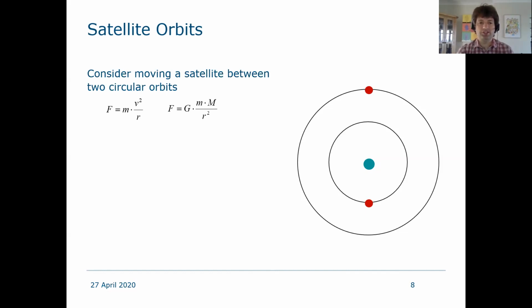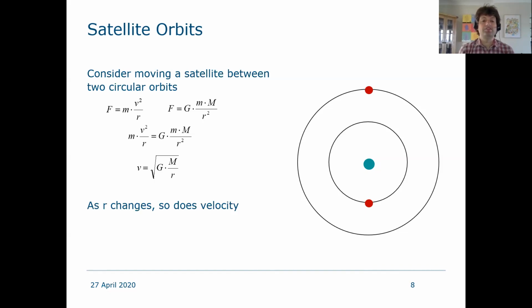Newton's law of gravitation says the force is equal to Newton's constant of gravitation multiplied by the mass of the satellite multiplied by the mass of the Earth, divided by the radius of the satellite orbit squared. We can equate these 2 forces, and then we can rearrange. When we rearrange and solve for velocity, we get this expression here. The velocity equals the square root of Newton's constant of gravitation multiplied by the mass of the Earth divided by the radius of the orbit.